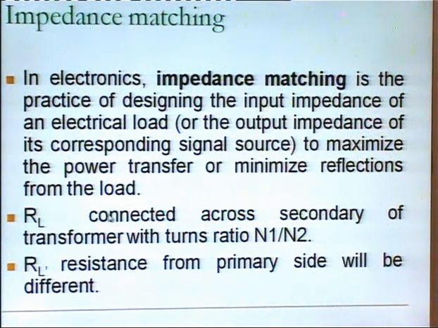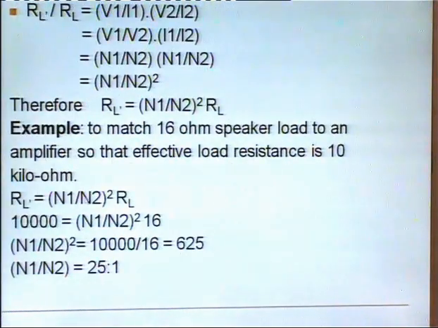Now, considering the diagram, we have considered a transformer having a primary and a secondary. The resistance across the secondary, let it be RL, with the transformer turns ratio N1 by N2. But if we consider the resistance from the primary side, it will be different and it can be denoted by RL dash. Now, the ratio of these two resistances, RL dash by RL, can be denoted by this.